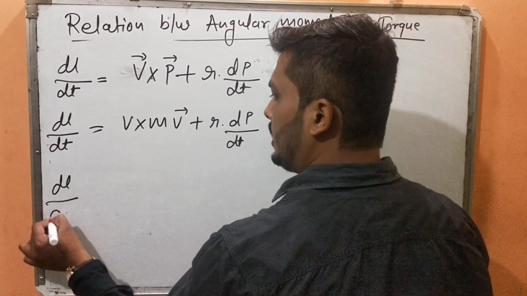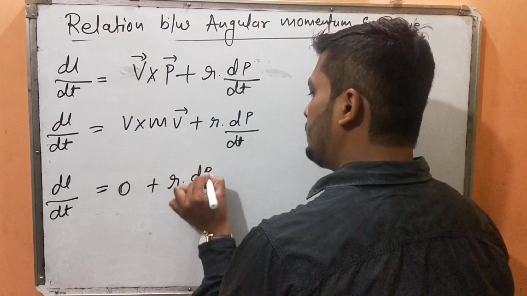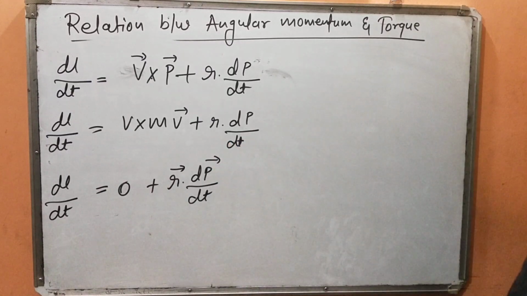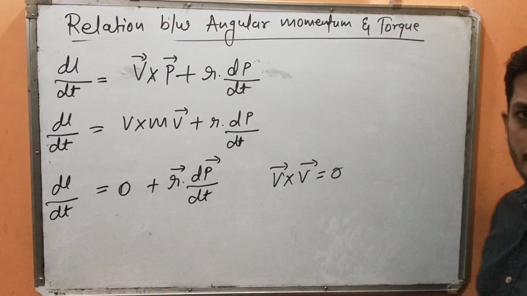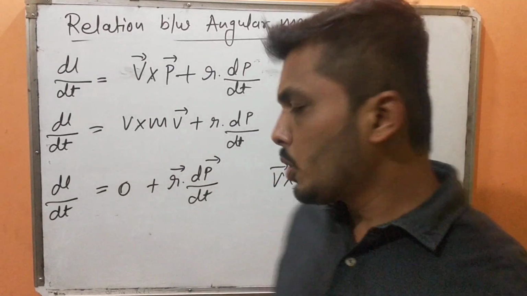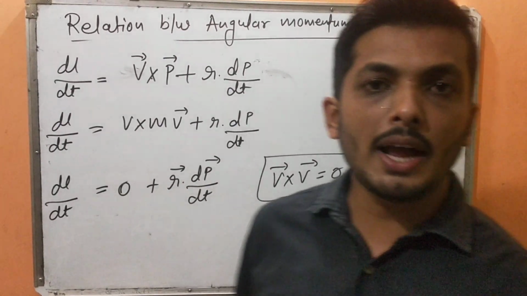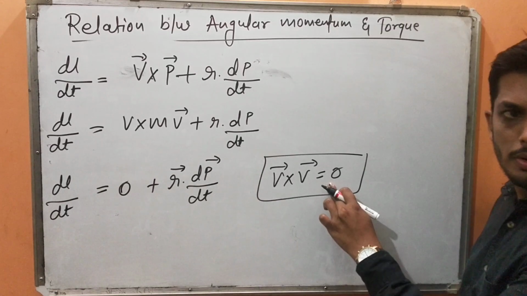Now dL by dt equals 0 plus r dp by dt. Because what is v cross v? Is it not 0? v cross v, cross product property. If two vectors are parallel to each other, then the cross product between those two vectors will be 0.